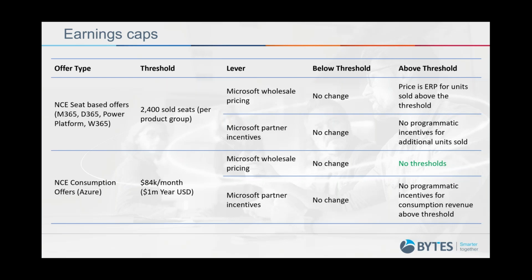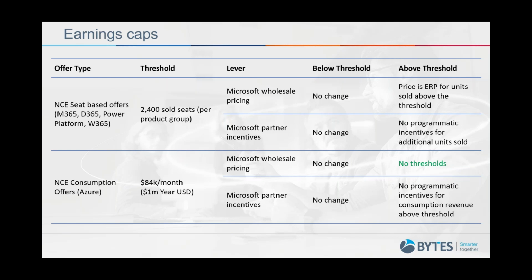Unlike promotions, which has a similar cap of 2,400, the cap on promotions is per customer, regardless of how many partners the end customer buys through. This earnings cap is per partner, so one customer could buy through multiple partners and have each one having their own earning cap of 2,400 seats.